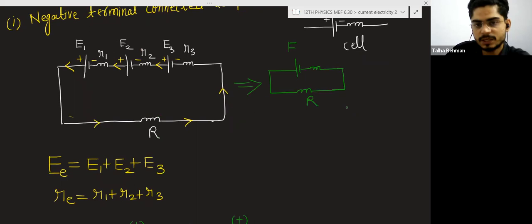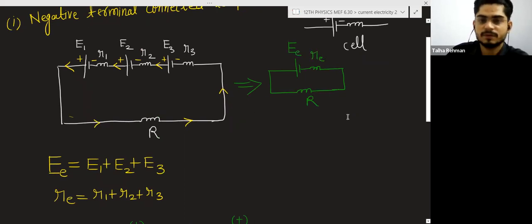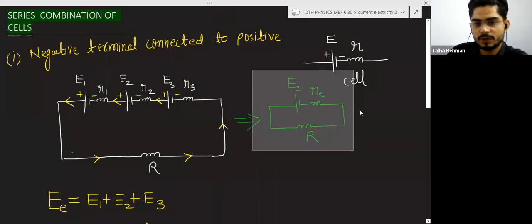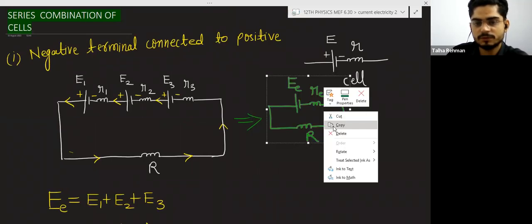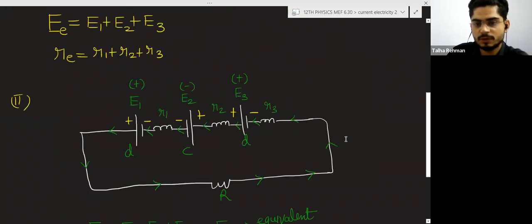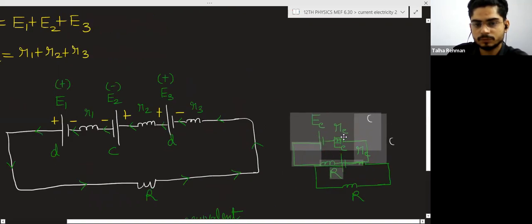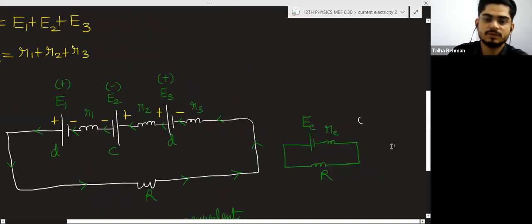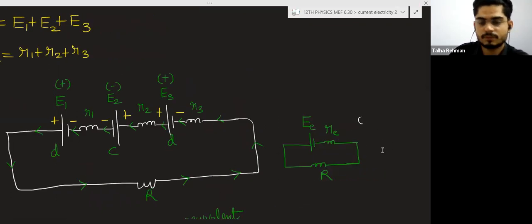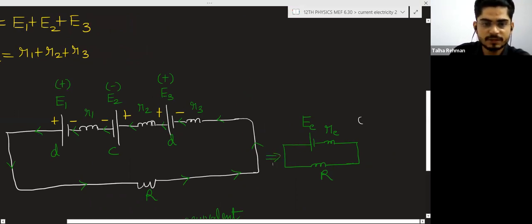This is E, and this is R, E. Means the equivalent circuit of this: instead of all these cells, you have connected a single cell.